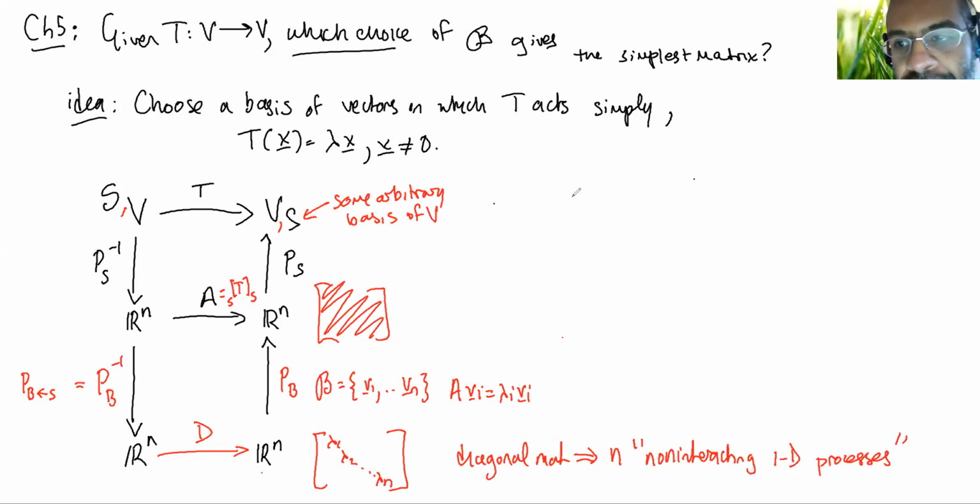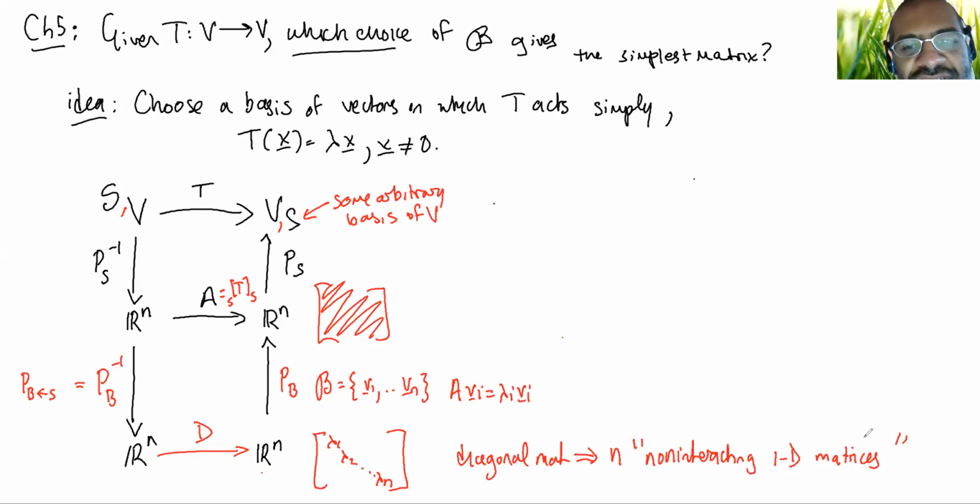So the bottom right, it just says processes. Okay, so the reason I said processes is if you keep multiplying the matrix, you can think of it as doing something. Or let's just say non-interacting one-dimensional matrices. One-dimensional matrices are just numbers.